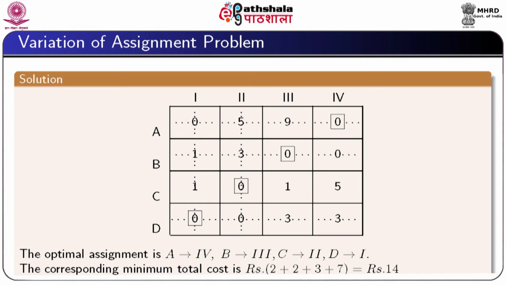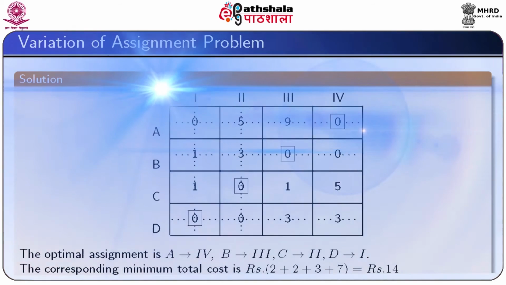This slide shows that we have reached the optimal solution, because the number of lines is equal to 4, which is equal to the order of the matrix. Then we make the assignment as shown in the slide, which is the optimal one, and we get the total cost for the assignment, which is equal to 14.